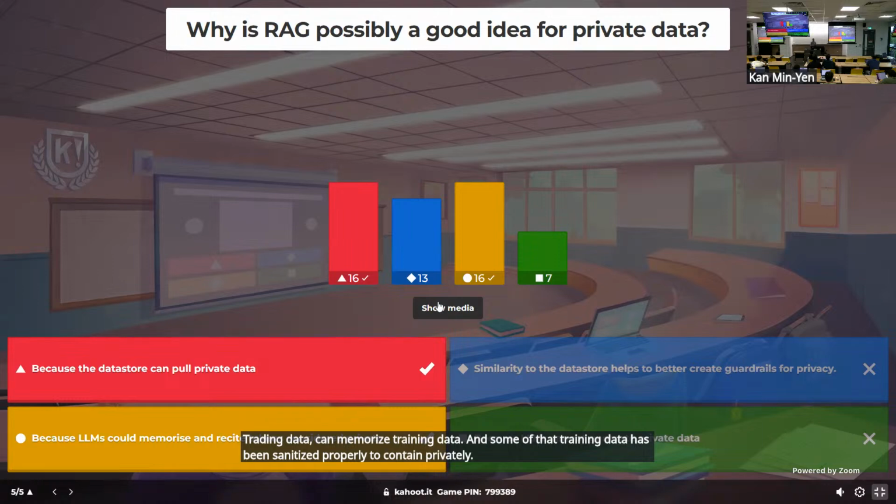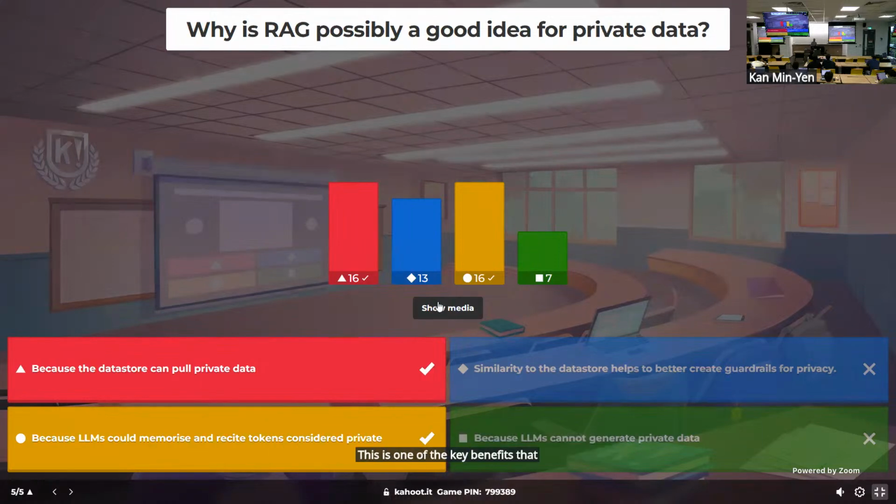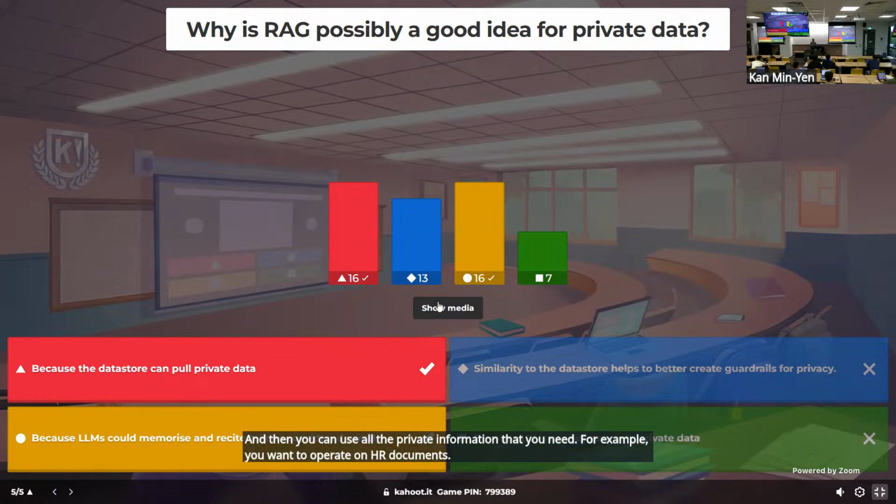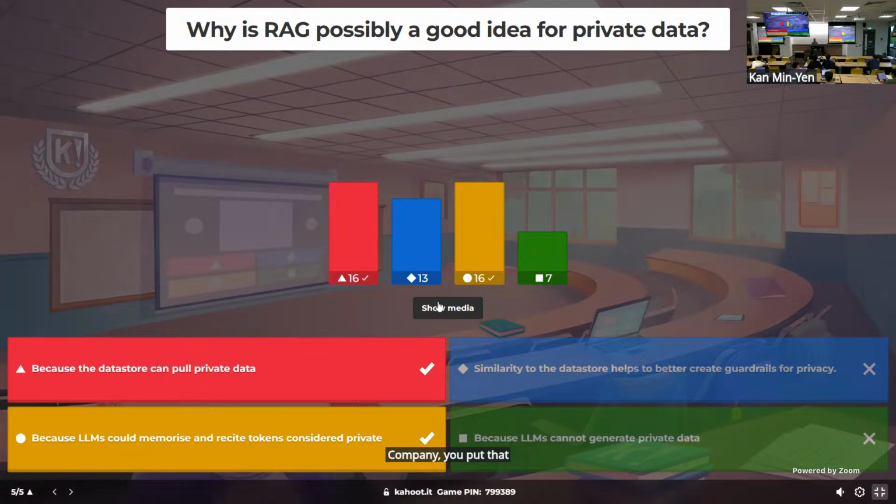This is one of the key benefits that people say RAG has, because you can use the foundation model just to learn general knowledge, like how to speak a certain language. And then you can use all the private information that you need. For example, if you want to operate on HR documents in the company, you put that in the data store. The LLM can use it to generate answers, but it's only from your data.